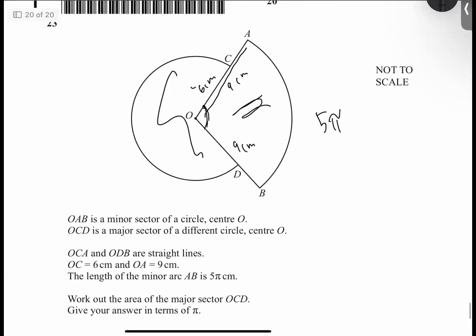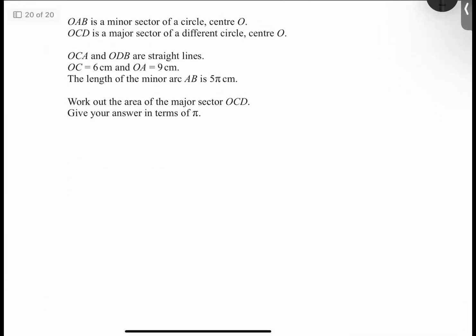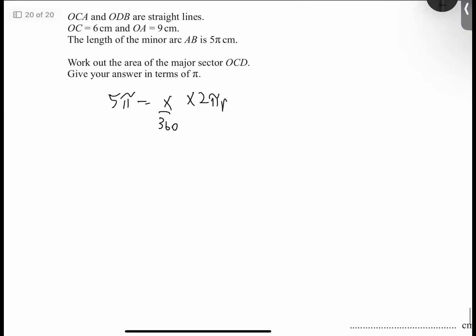So for the angle AOB, we would get 5 pi is equal to x over 360 into 2 pi r, which is the formula for arc length: angle over 360 into 2 pi r. Since we already have 5 pi, it will be 5 pi equals x over 360 into 2 pi 9.